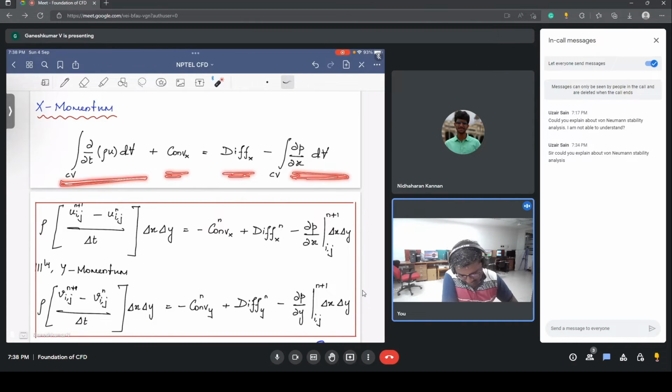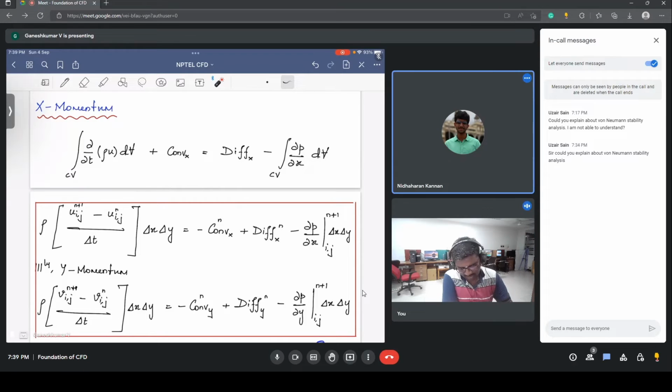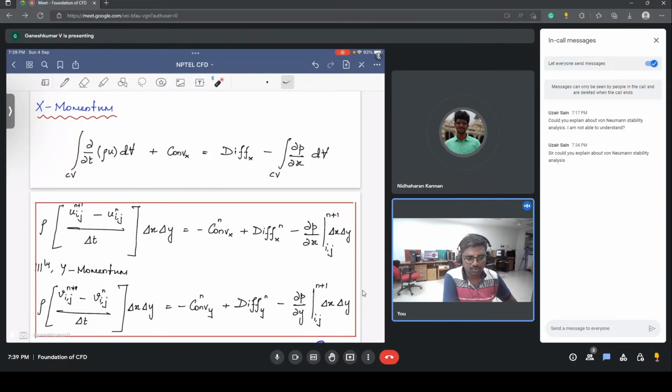Since it's a control volume, we have to integrate it over the control volume, because the finite volume approach uses the integral form of equations. Whatever differential form of equation you have, you convert into an integral form by integrating the whole equation over a control volume.